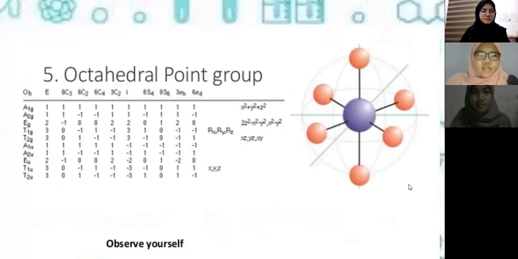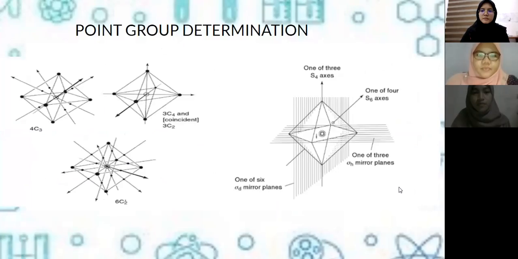So these are all the symmetry element operations of the hexacyanoferrate 2. It has 48 operations in total. From the left, of course, it has identity and inversion center.